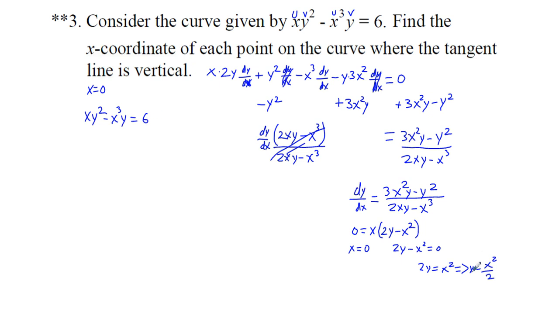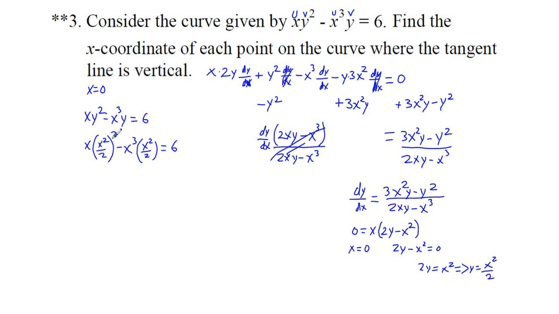Now substituting in for y, x squared over 2, so we have x times x squared over 2 squared minus x cubed, and we're going to have x squared over 2 for y is equal to 6.